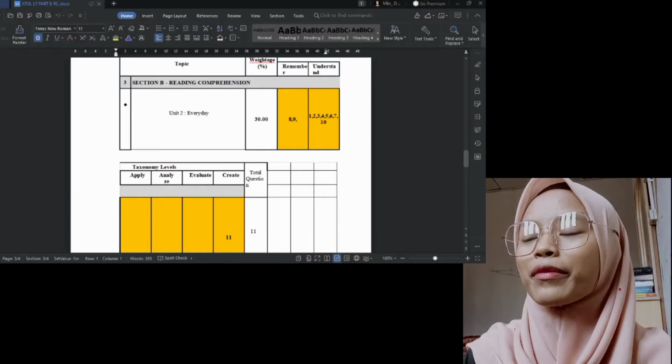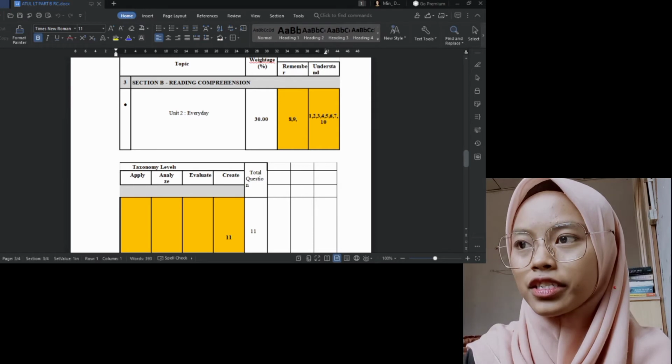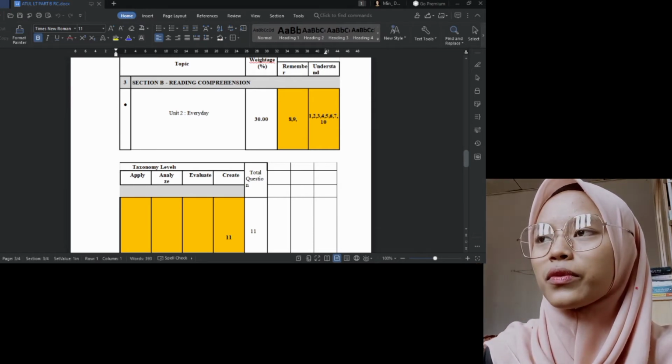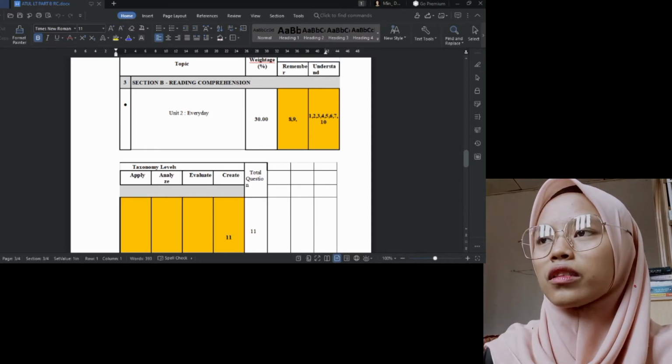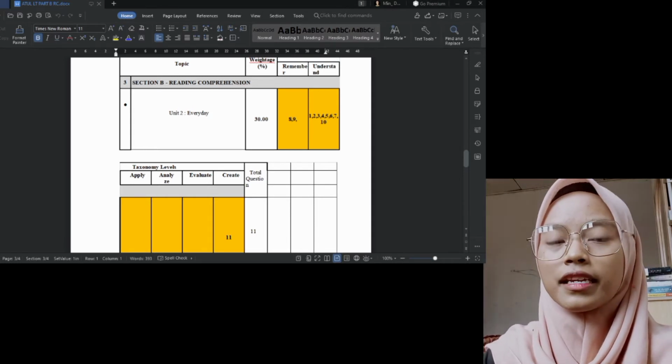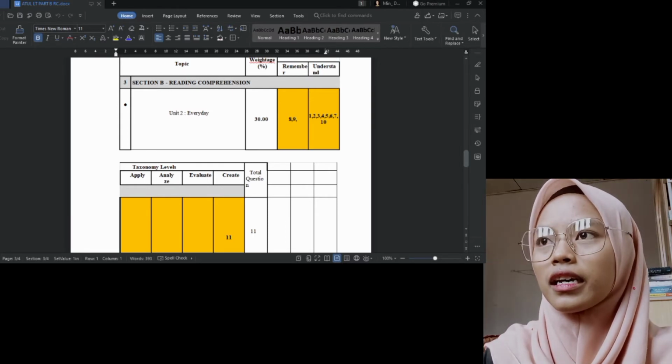Thank you very much. For my part, which is part B, reading comprehension, we will start with a table of specification. The topic for the section B examination paper is unit 2, Every Day, and the weightage is 30%.